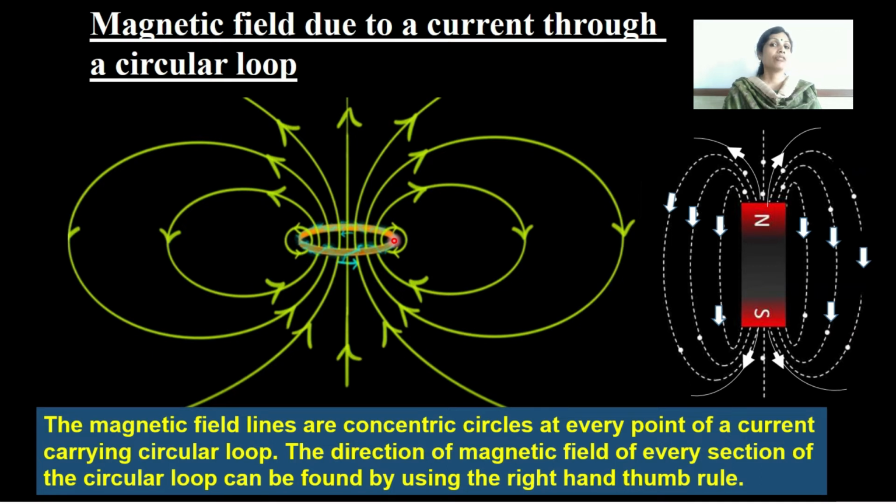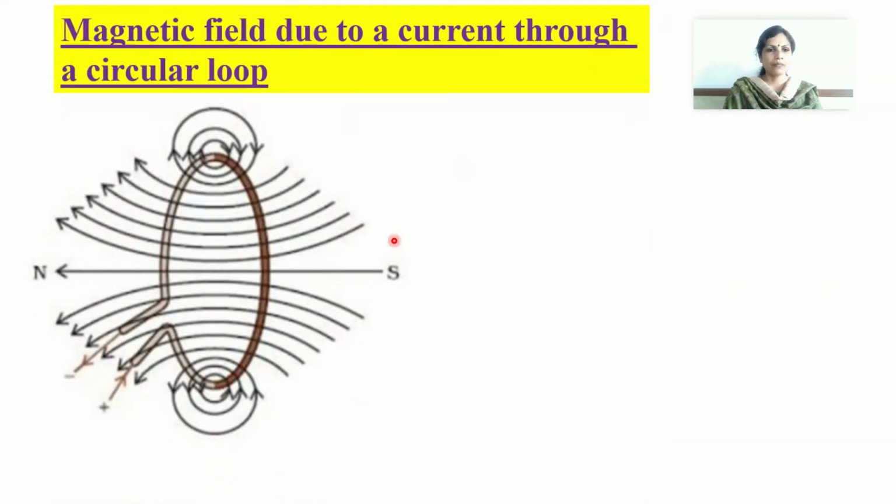This is the theoretical explanation of the diagram. Now suppose you are asked to draw a labeled diagram of the magnetic field around a circular loop, this is the diagram which you have to draw. So here, this is your circular loop. We have selected 2 points, and around the 2 points, we have drawn the nature of the magnetic field.